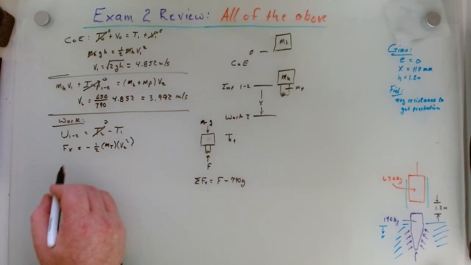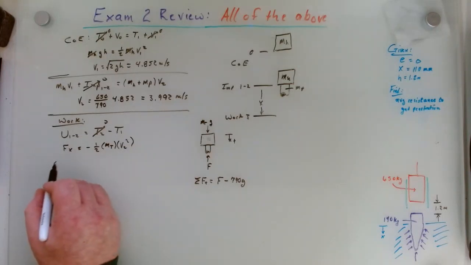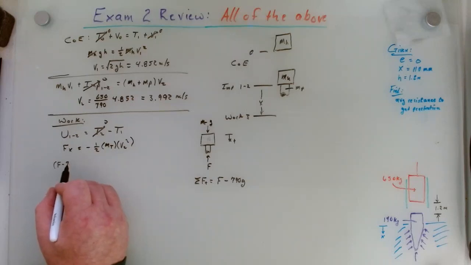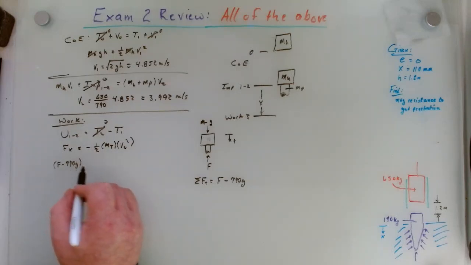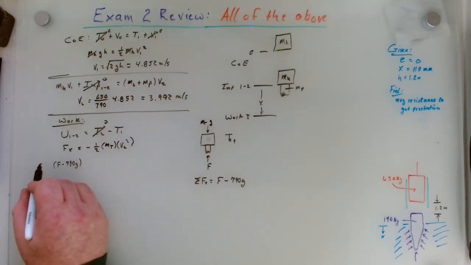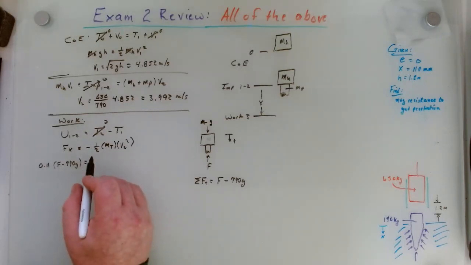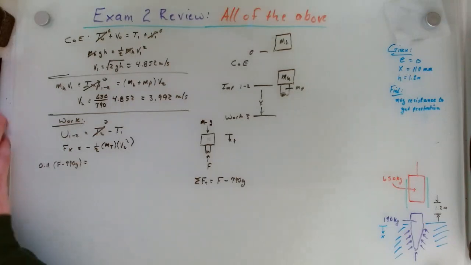So then we have F minus 790 g times X. What is X here? It is 0.11.